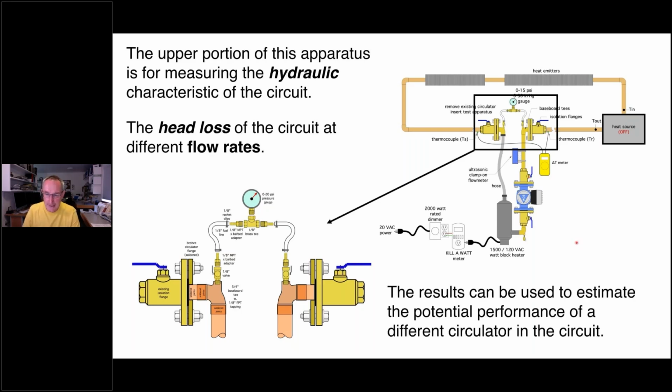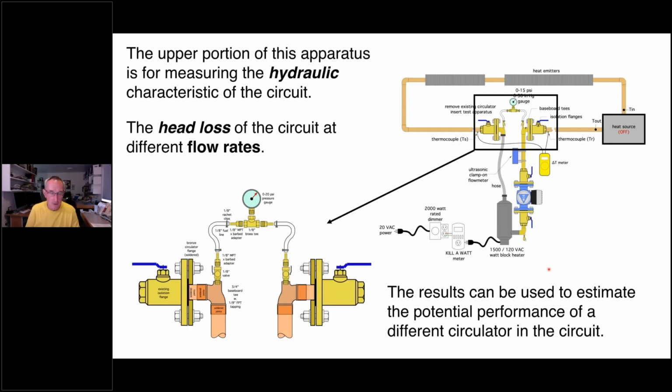Okay. And again, why are we doing this? Once we characterize that existing circuit, we can then evaluate what would be the effect of changing the circulator. Maybe the last baseboard on a circuit is cooler than we want because the flow rate's too low.